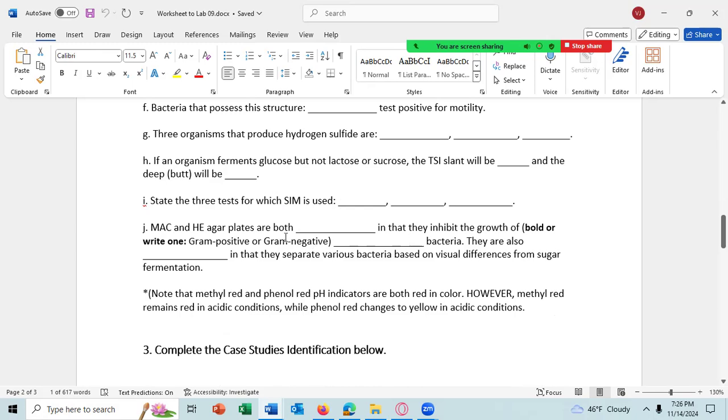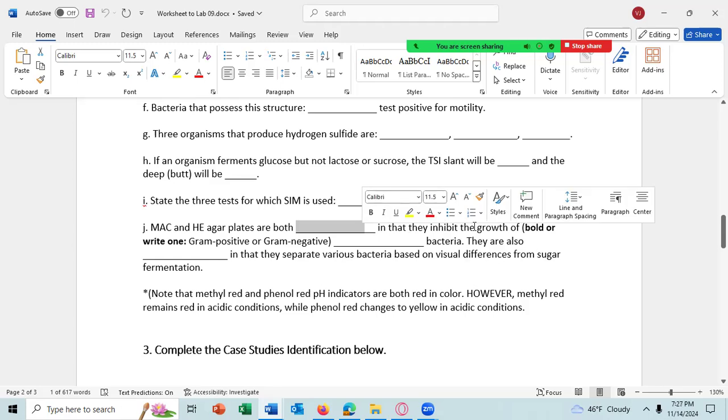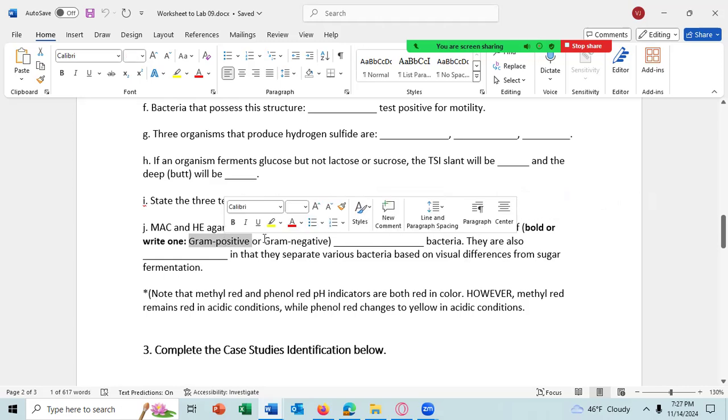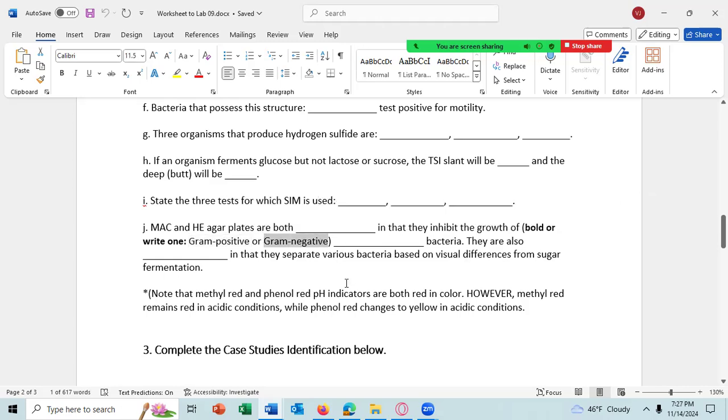So 2J1, the plates are both what, in that they can inhibit the growth. And then in 2J2, state or underline or highlight, do they inhibit gram-positive or gram-negative? You put that there if you want to write it. And they are also what, in that they separate various bacteria based on visual differences from sugar fermentation.